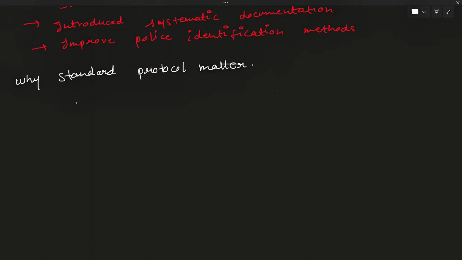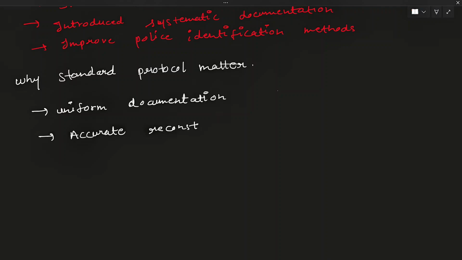With standard protocols, there is uniform documentation, accurate reconstruction, and stronger courtroom evidence.